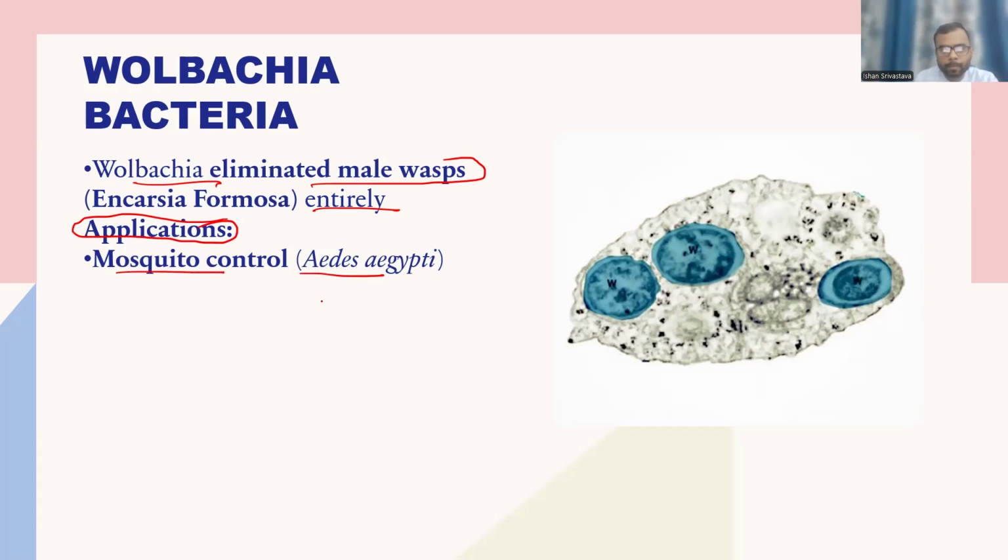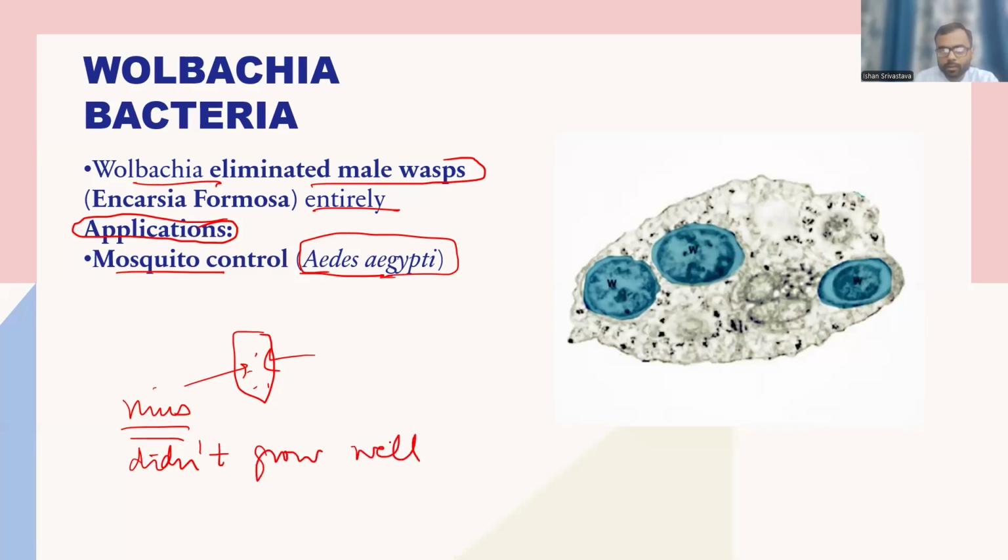So what happens is that in Aedes aegypti, which is a major cause of dengue and other diseases, if Wolbachia bacteria are present in the mosquito, and they tried to inject the virus inside the mosquito, they found that in the mosquitoes where Wolbachia bacteria was present, the virus did not grow well, right? Wherever Wolbachia bacteria was present, the virus did not grow well.